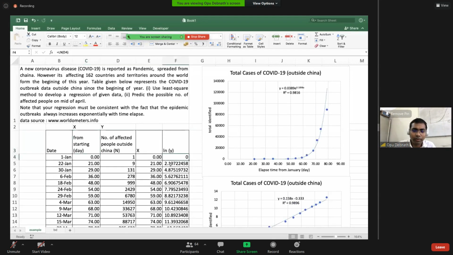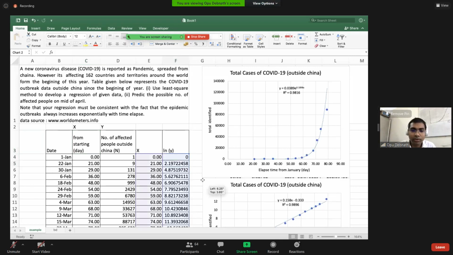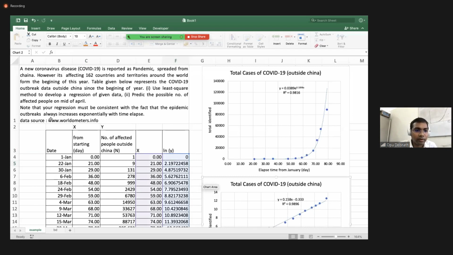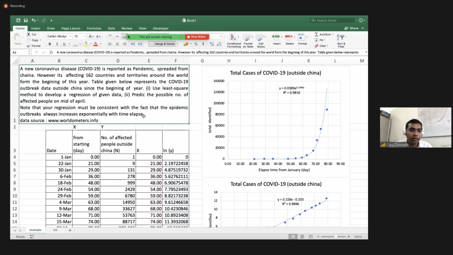So you need to study about this. Sometimes in your exam questions, you may find that the outbreaks always increase exponentially with time lapse. That means here is a clear indication that your function will be exponential. The hints may be direct or indirect, but you have to understand.